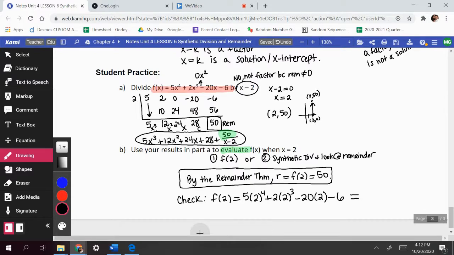And I'm just going to plug this all into my calculator. Let me get my calculator. I hear some ruffling papers. Okay, put this in your calculator: 5 times 2 to the 4th plus 2 times 2 cubed minus 20 times 2 minus 6. And I get 50. Okay, so that does in fact work.